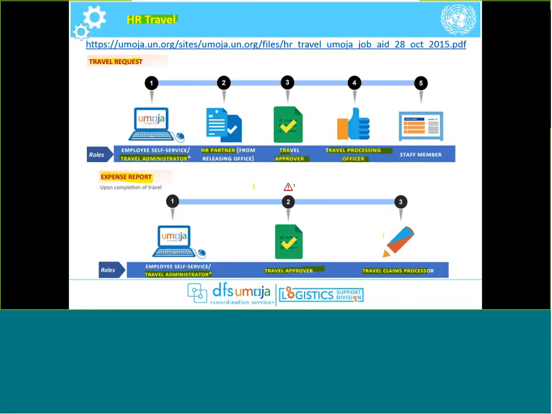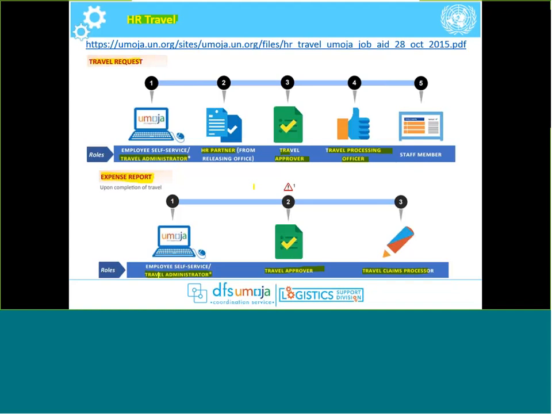If there are no additional expenses compared to what was submitted in the travel request, the spend report will be automatically approved by the system, meaning that after you submit a spend report, it will become automatically approved without a need for further review by the TSA or by the travel claims processor.